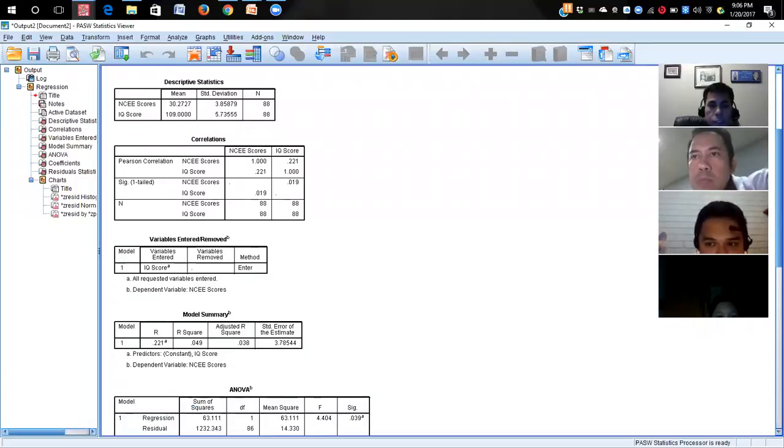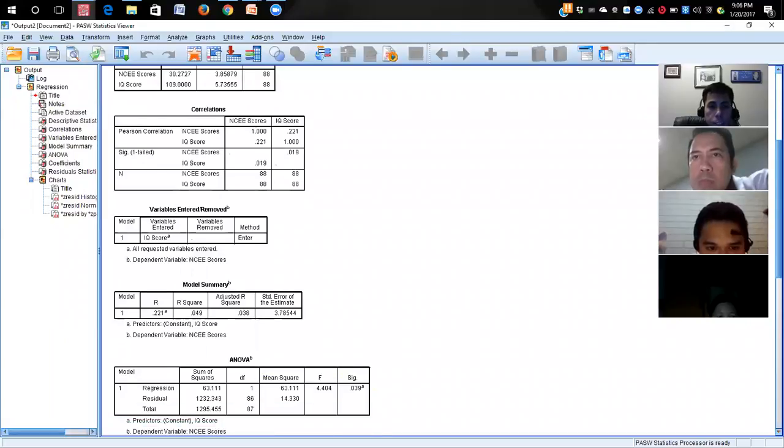It tends to have a lower p-value for the correlations. And right here, we don't need to look at the values entered or removed, because this is only for multiple regression. So that's blank. And then for the model summary, I've explained to you that the R is 0.221.